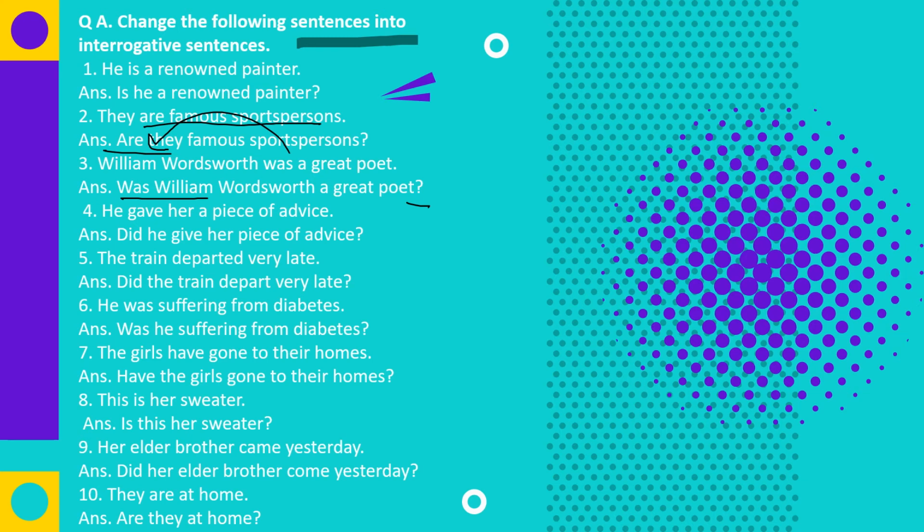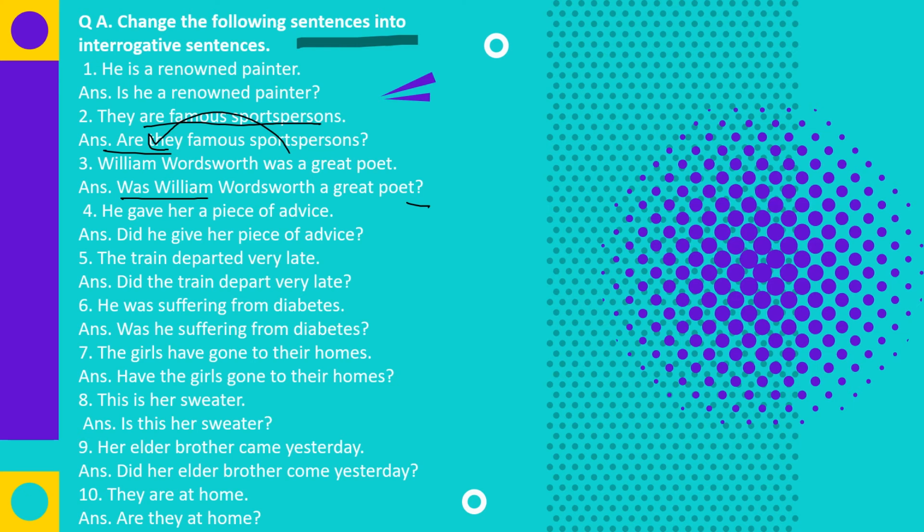Next one is, he gave her a piece of advice. So please do not take advice as a cake that we are giving a piece of. No. We use a piece of advice as a whole when we suggest something to someone. We never say he gave her an advice. No, that might be wrong.